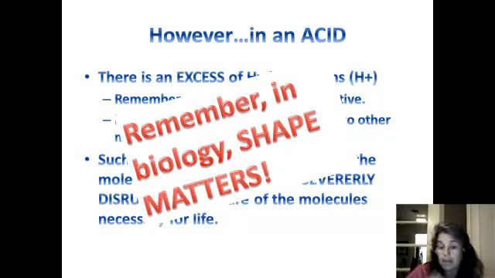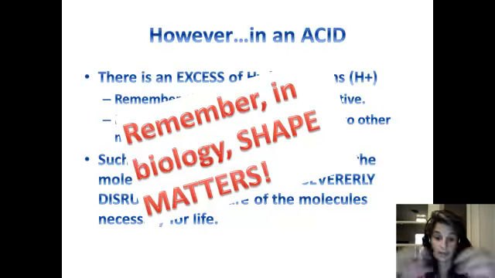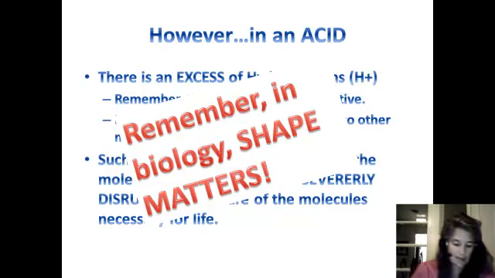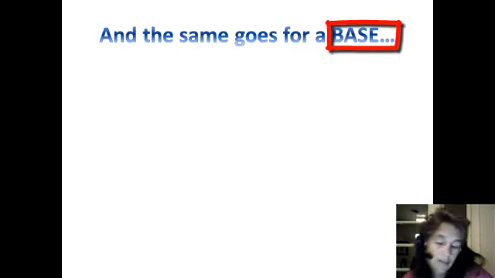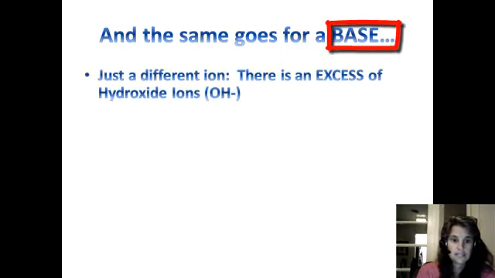And please remember, in biology, shape matters. It is everything. The shapes of molecules matter in how they do their jobs. And if you submerge a molecule in a bunch of hydrogen ions in a low pH solution, they will very often begin to disintegrate because the hydrogen ions are trying to interact with them. Same goes for a base. This slide is essentially a repeat of the last one, except for this sentence.